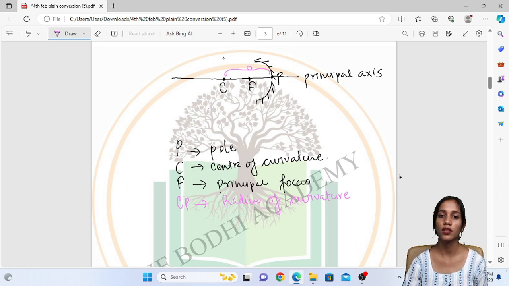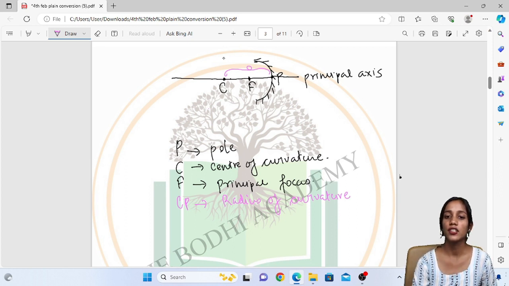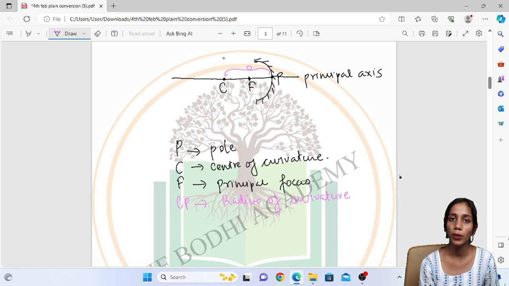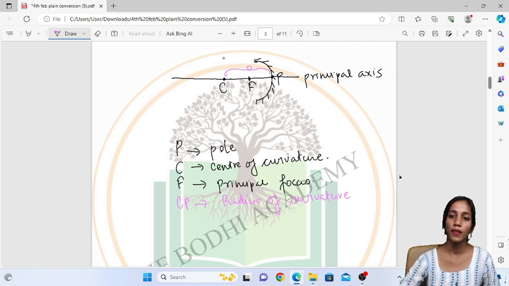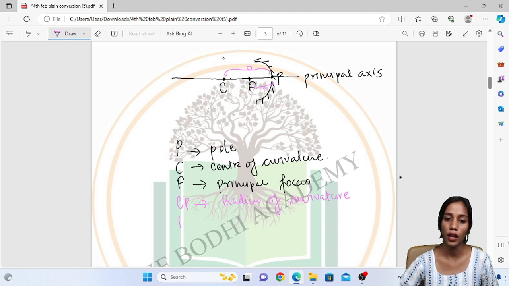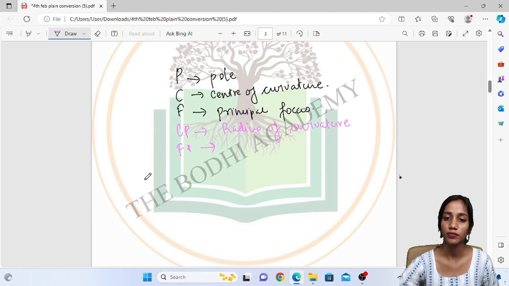The distance between the center of curvature C and the pole P is called the radius of curvature. Now the distance between the principal focus and the pole, that is PF or FP, is called the focal length.